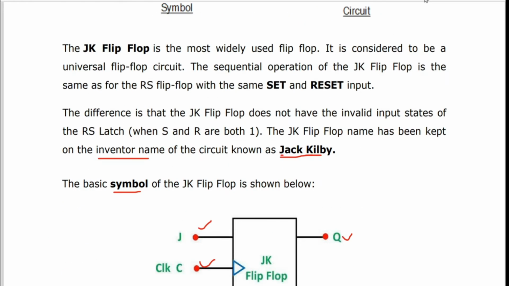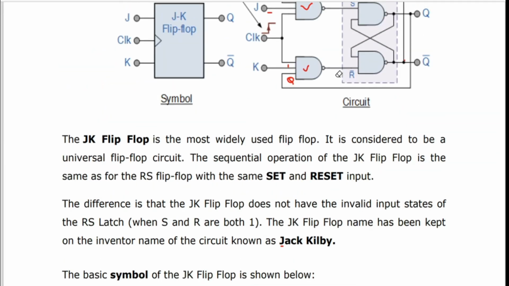Hope that whatever we have discussed till now is very much clear to you. Okay, so as I told you, the working of JK flip-flop is exactly the same as your SR flip-flop.